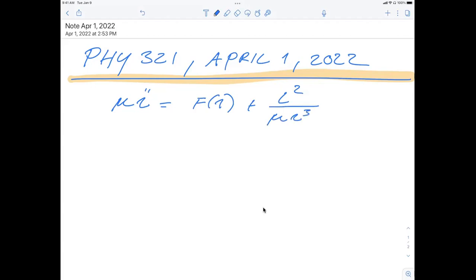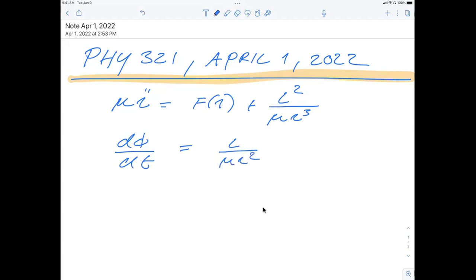And then we had an additional differential equation for the angular velocity, which is now simply given by the angular momentum, not squared, but just L, divided by mu times r cubed.